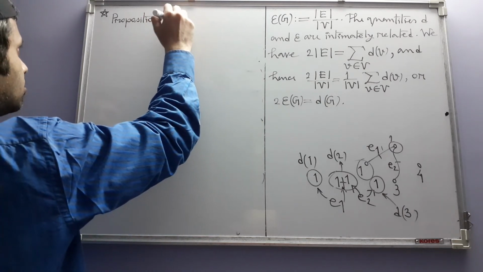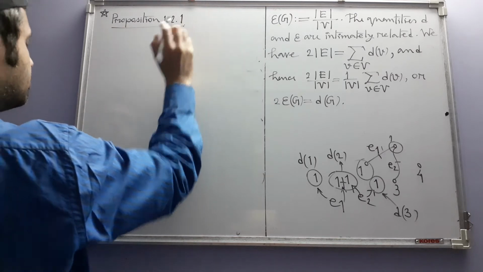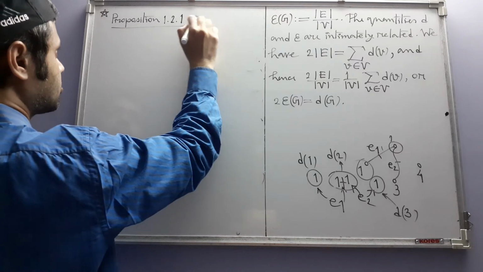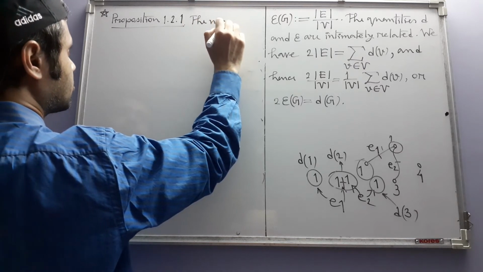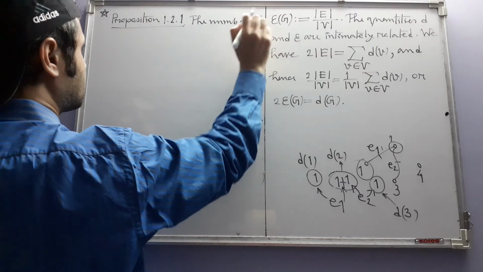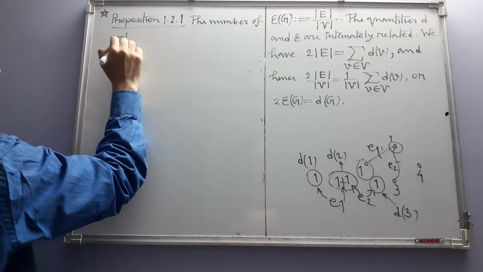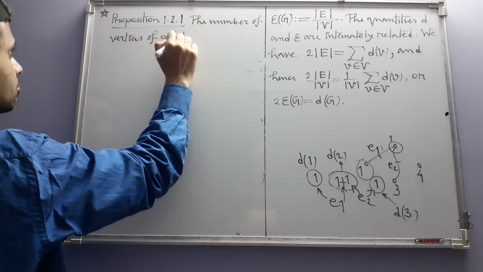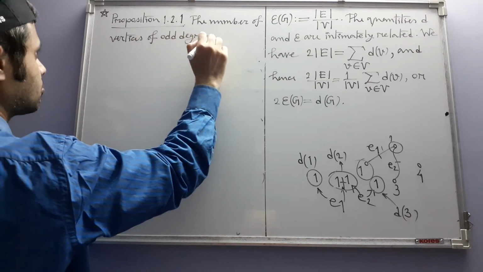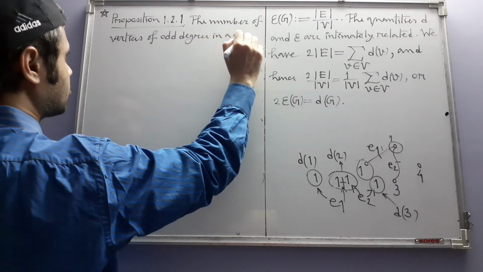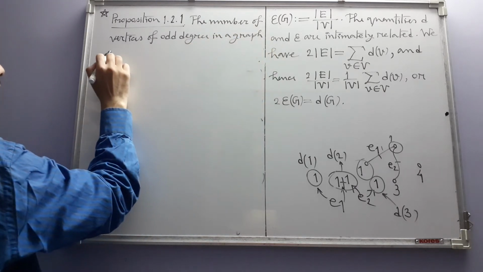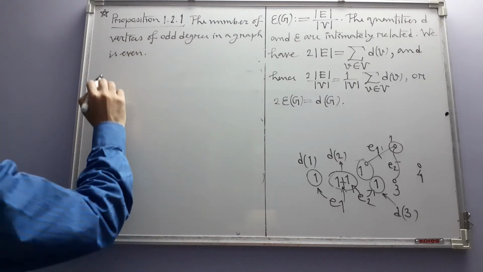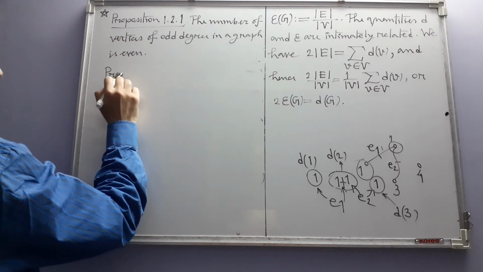Proposition 1.2.1: The number of vertices of odd degree in a graph is even. Proof.